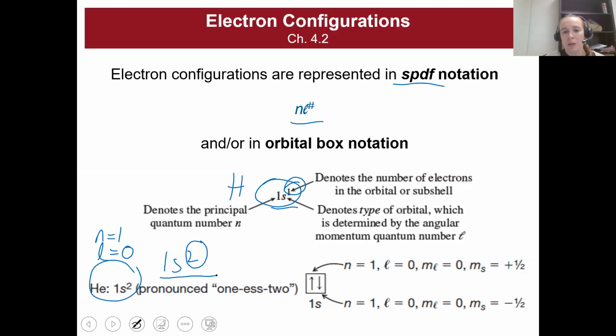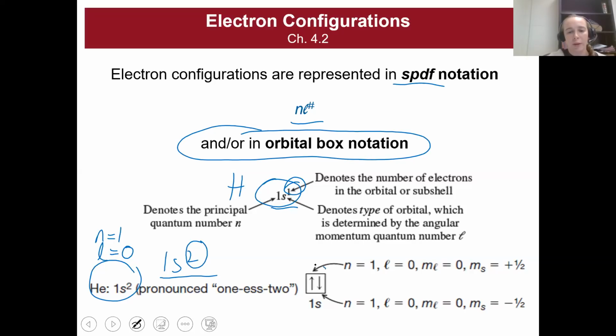Okay, so then we also have orbital box notation. This is another way to write it, where we have the 1s orbital drawn as a box, and then we draw the 2 electrons in the box. So for the upspin electron, we've got n equals 1, L equals 0, m sub L equals 0, and m sub s equals positive 1/2.